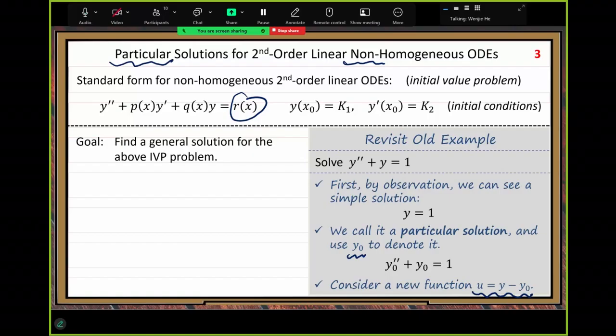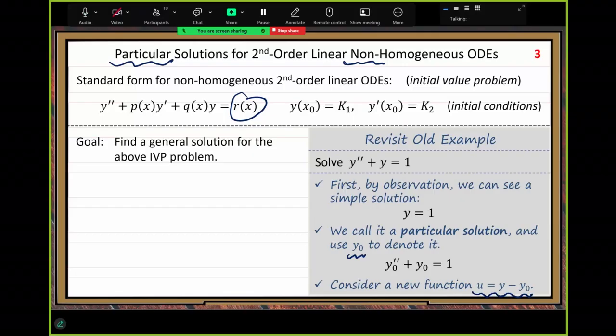If you plug this new u function into the original equation, you will get a homogeneous version, but for the u function, not the y function. You convert, so you use this subtraction form.